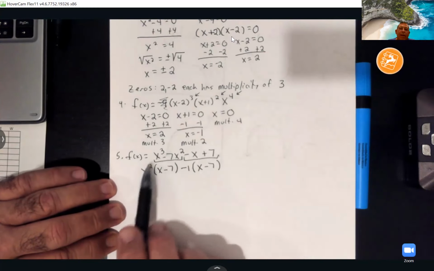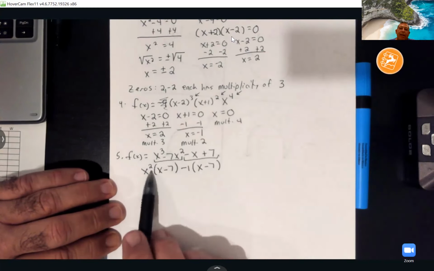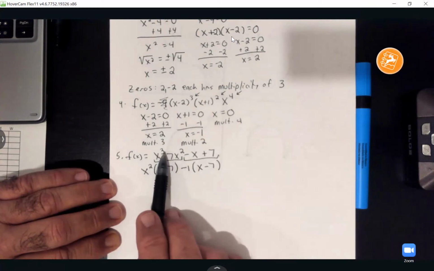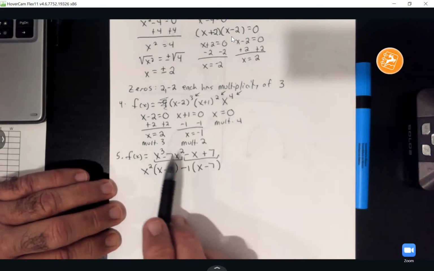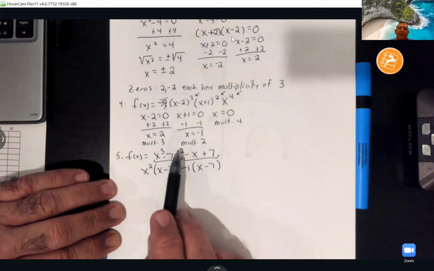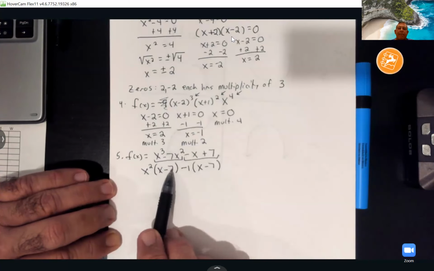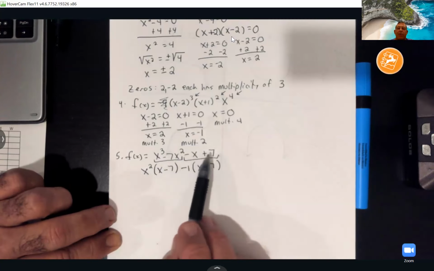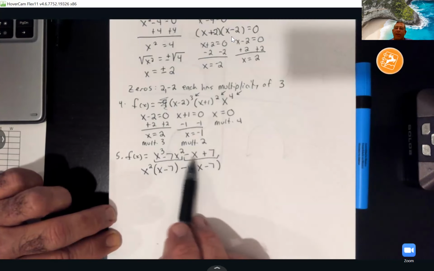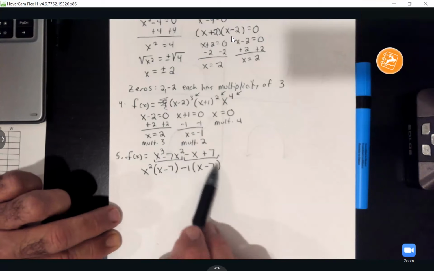And remember, when I divide these x's, I'm just subtracting the exponents. So 3 minus 2 left me 1x. Here, the 7x squared divided by x squared, the x squareds canceled, leaving the negative 7. And over here, we divided both by negative, which basically just changed the signs.